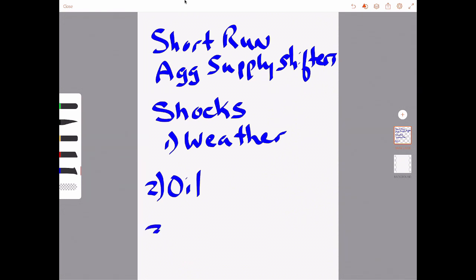Another short-run aggregate supply shock would be terrorism. Most countries that have experienced terrorism have an immediate short-run shift in their aggregate supply curves. But it tends to only be short-run. Even if you go back to September 11 in 2001, in the United States, we saw this reduction in production, which was a decrease in GDP, but it didn't last very long.